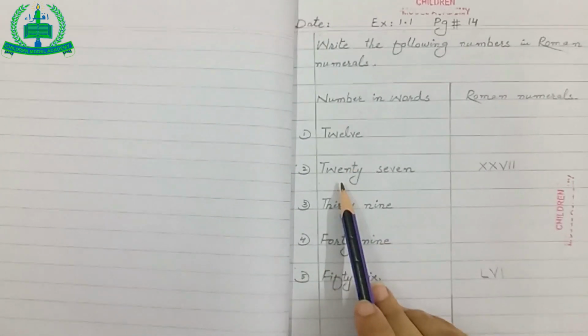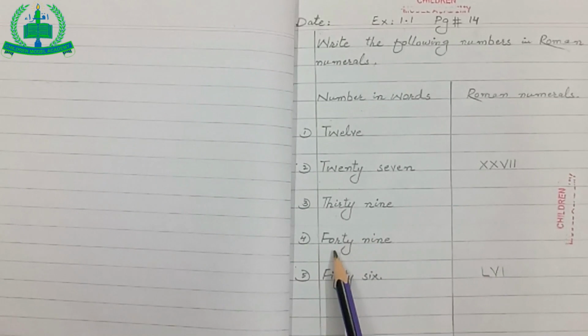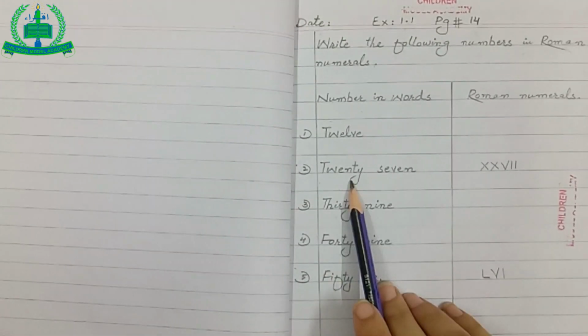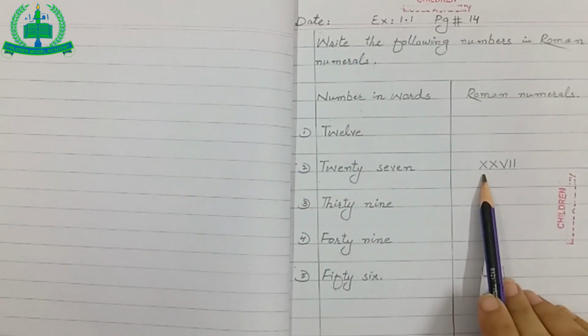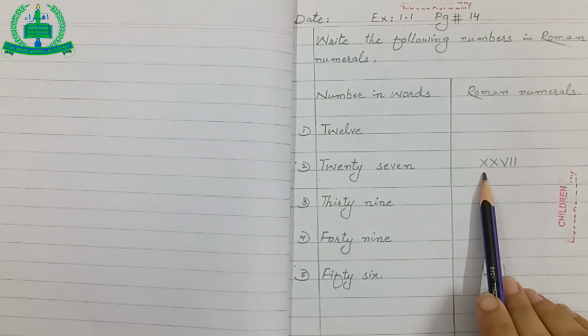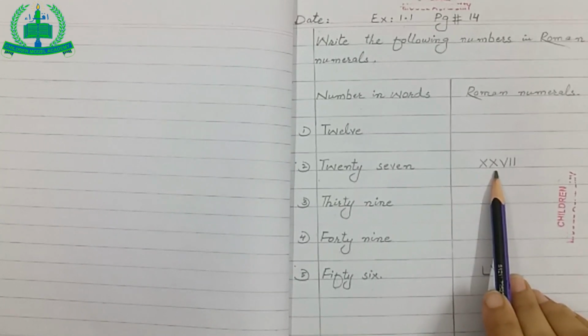12, 27, 39, 49, 56. 27: X is the Roman symbol which means 10. X, X means 20.